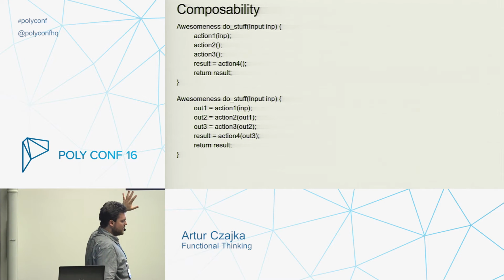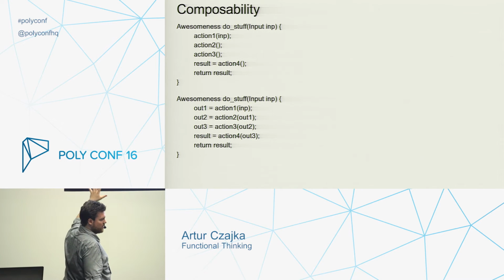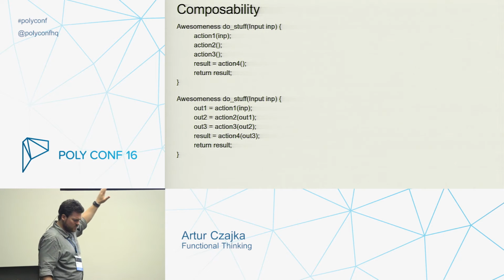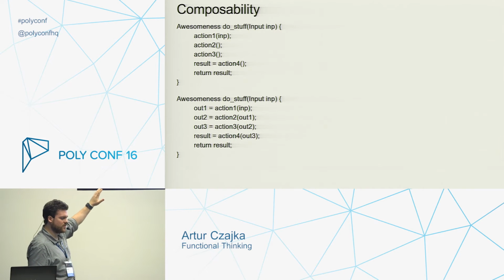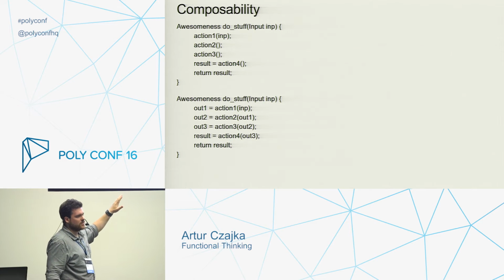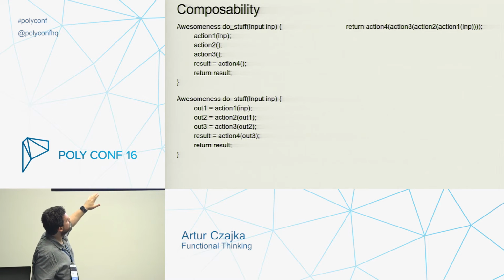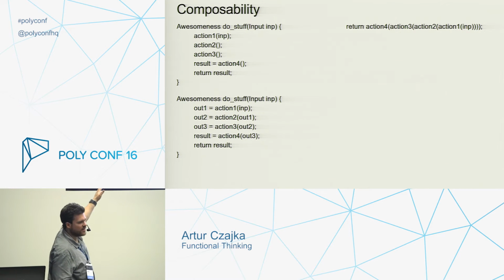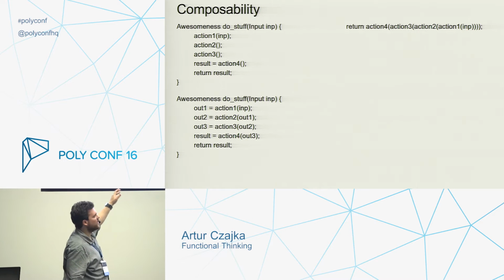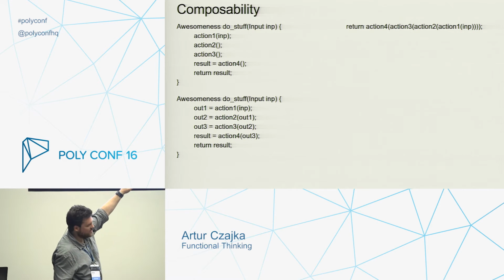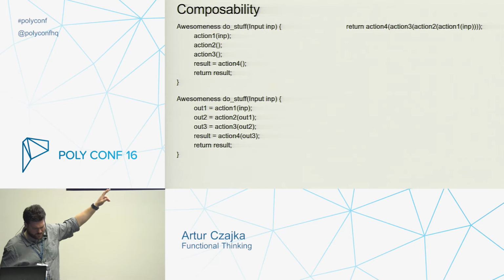When we have it written in this form, if all the parameters passed from one action to another are exposed, we can, very convenient example, only one input parameter, but we can do something like this at the top.